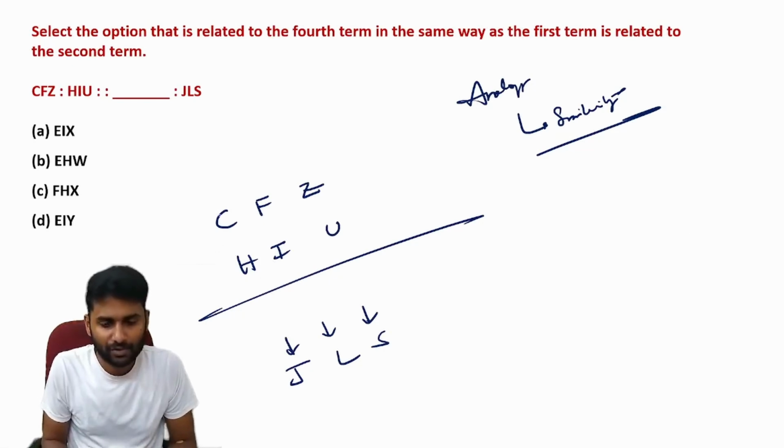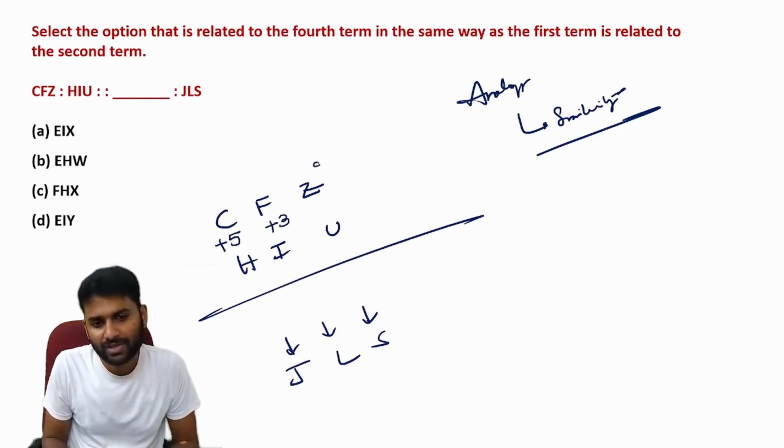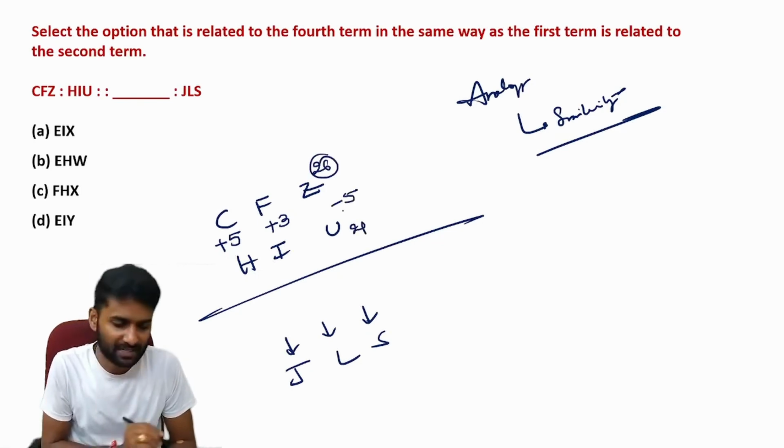Now see, you know that here the difference between C and H is plus 5. F to I is plus 3. Z to U, again you have to subtract: Z is the 26th letter, U is the 21st letter, so you subtract 5. Let's use the same relation.